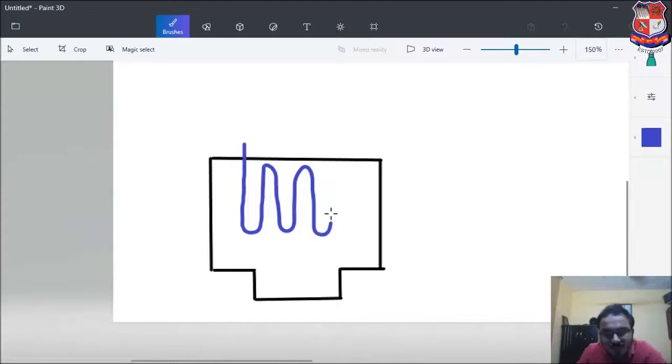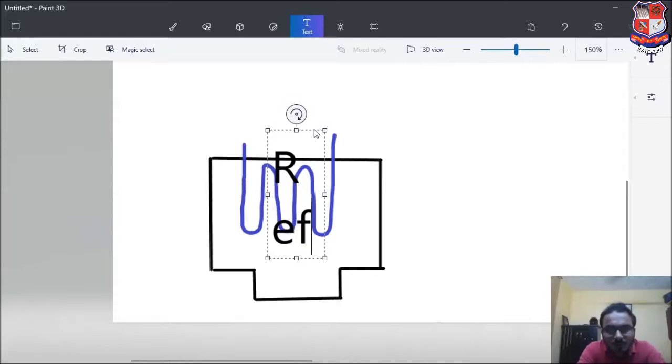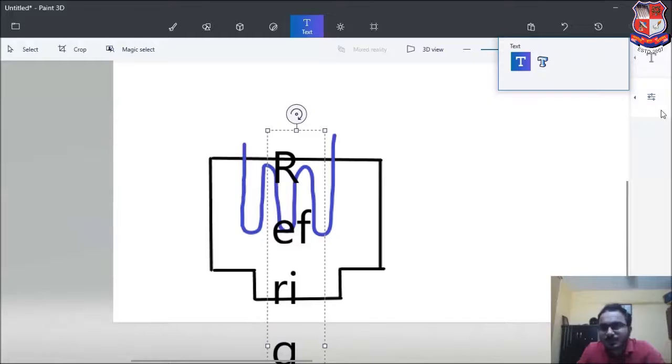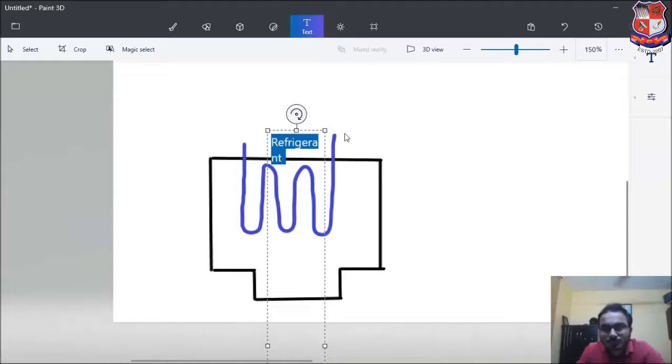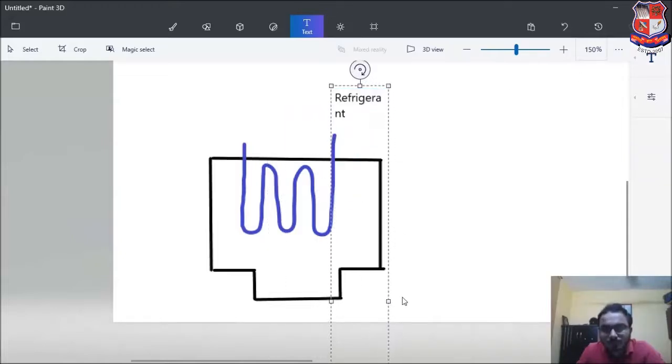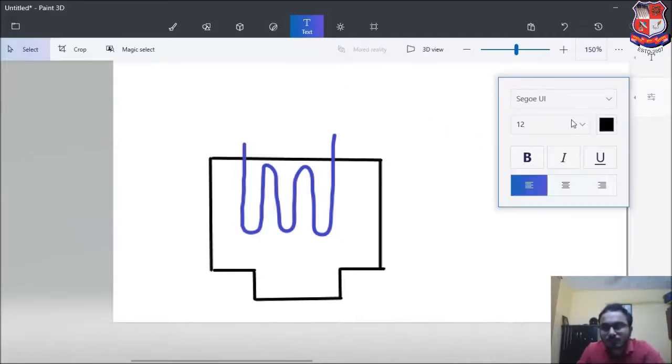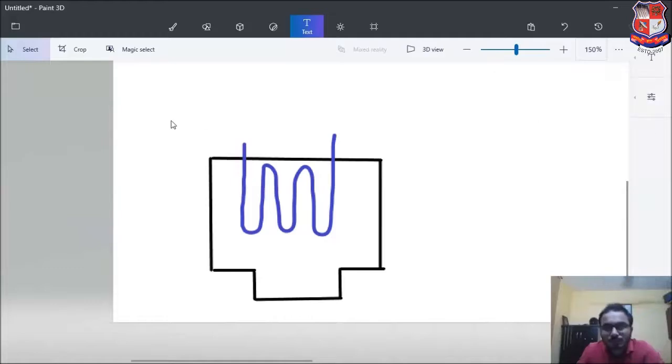This will be our cooling arrangement. So this will be our refrigerant. Here we will have refrigerant.